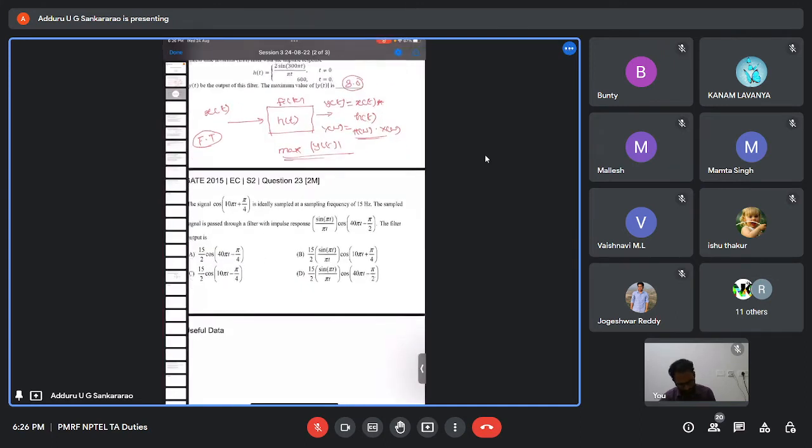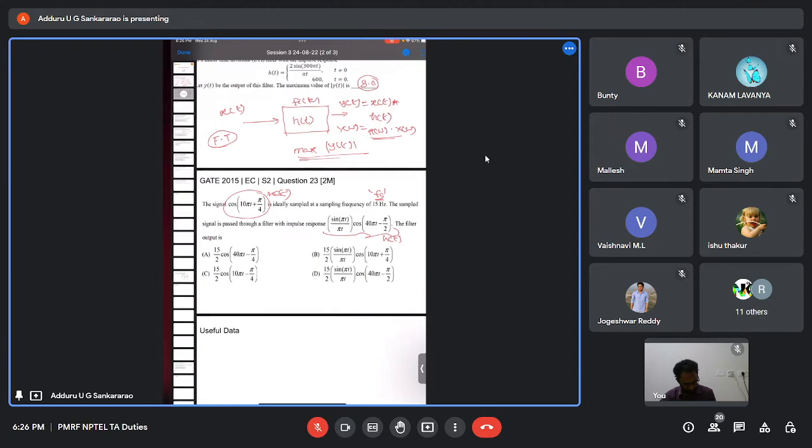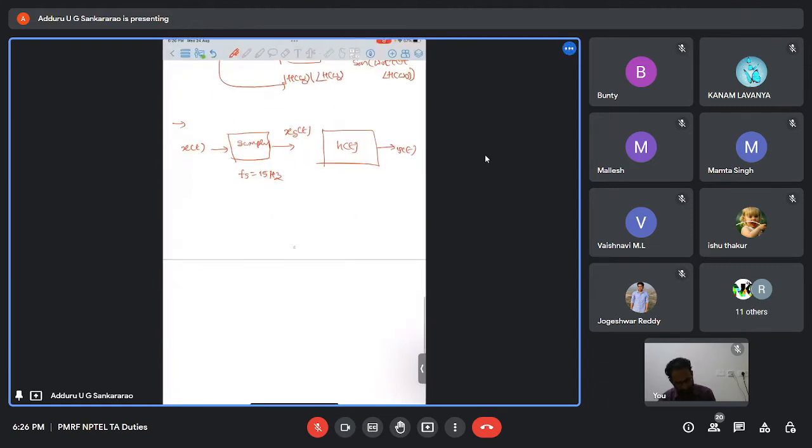The signal x of t is passed through a sampler whose sampling frequency is 15 Hz. Then the sampled signal is passed through a filter whose impulse response is given. In a similar way, we need to find x delta of t, and h of t is given.